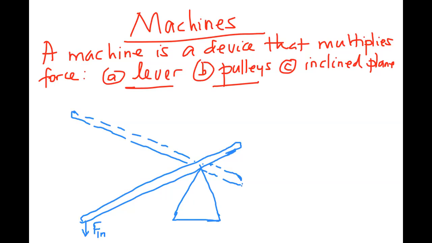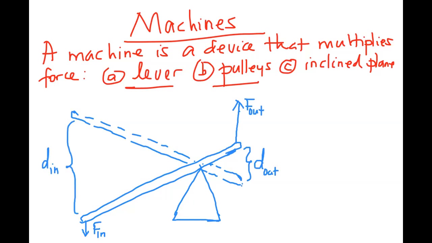You can actually end up with a large force output. A lever in this case has moved through a distance, and this distance is distance output. So we write distance output. And as you can see, you have moved down through a longer distance. That will be distance input.